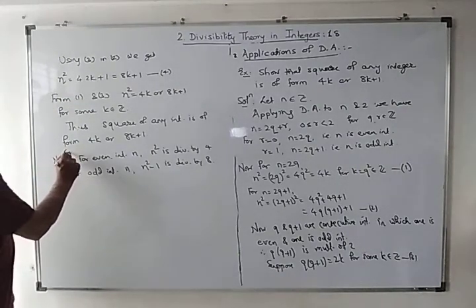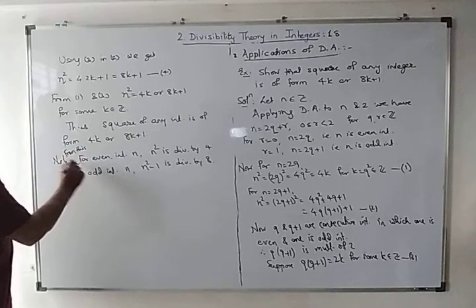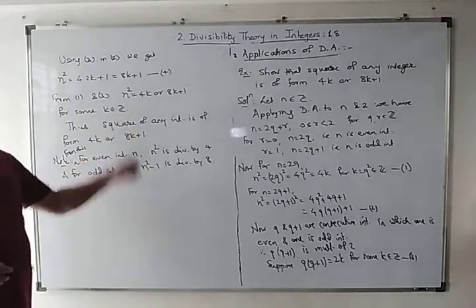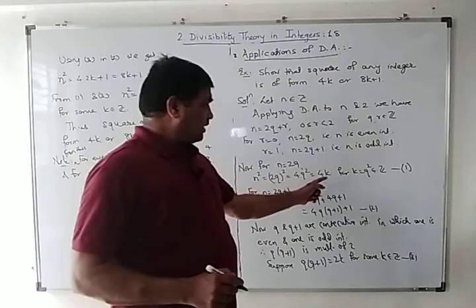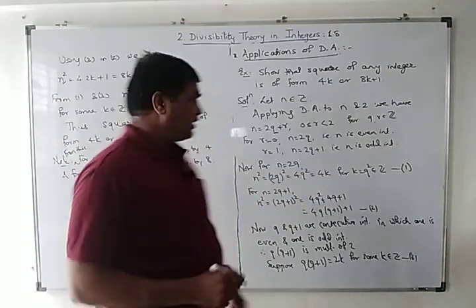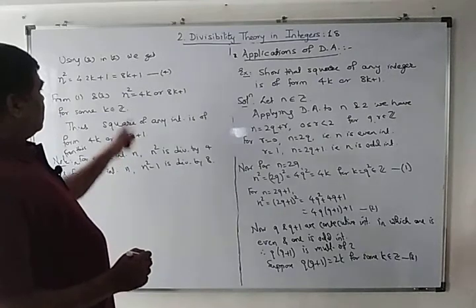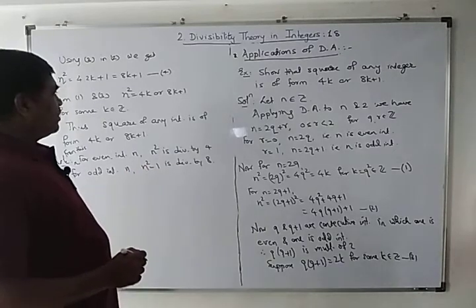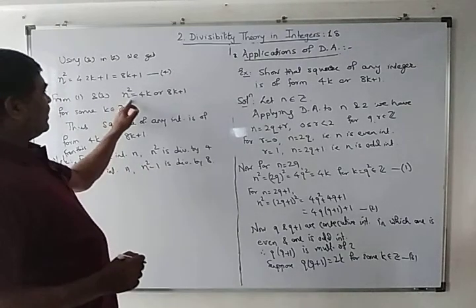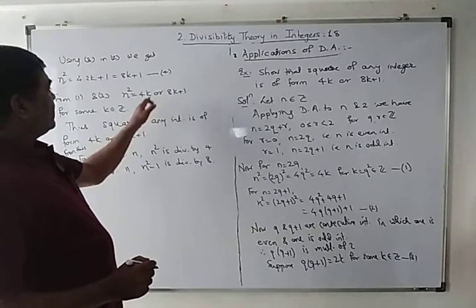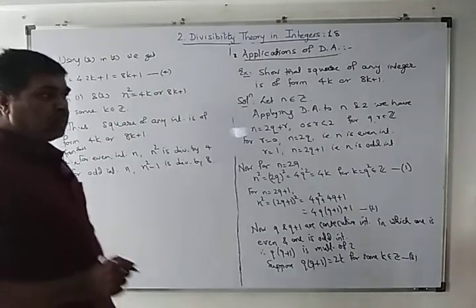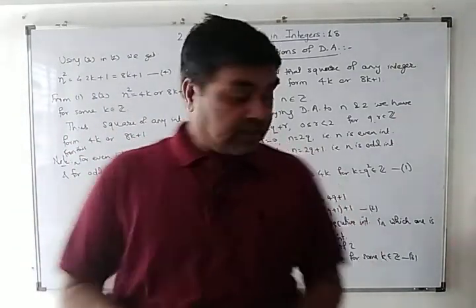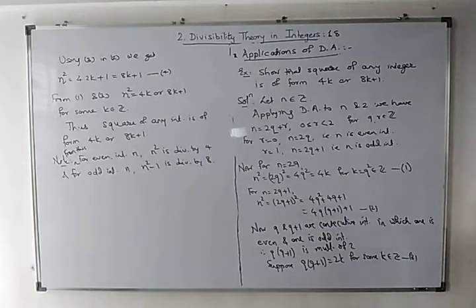From this, if n is even, then n square is a multiple of 4, that we proved, meaning 4 divides n square. And n square is equal to 8k plus 1 means n square minus 1 is equal to 8k, meaning 8 divides n square minus 1 whenever n is an odd integer. Okay. This is one application of the division algorithm.